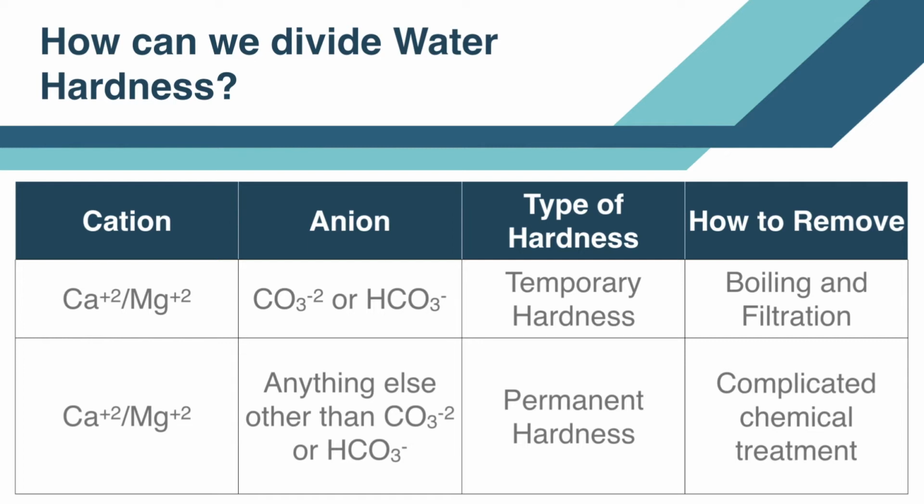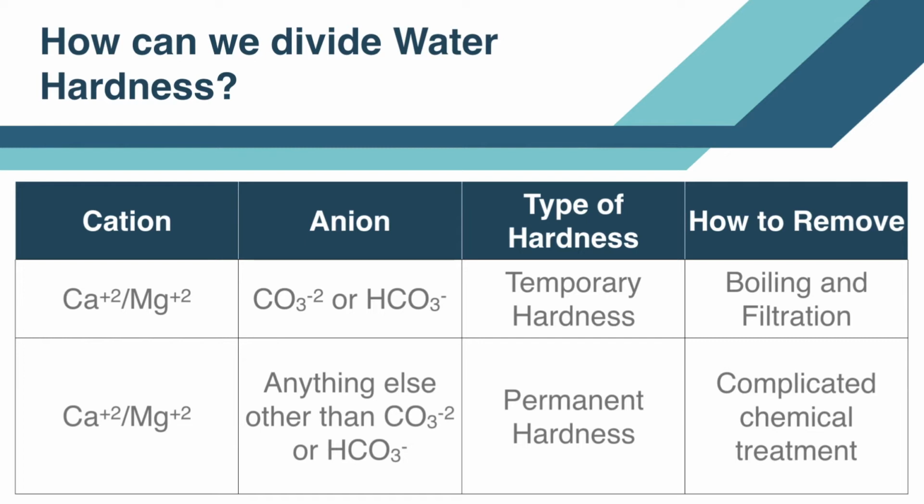So you can define temporary and permanent hardness in two different ways. One way of telling temporary hardness is that carbonate and bicarbonate salts of calcium and magnesium will cause temporary hardness. Another way of defining temporary hardness is that the hardness which can easily be removed simply by boiling and filtration is called temporary hardness.